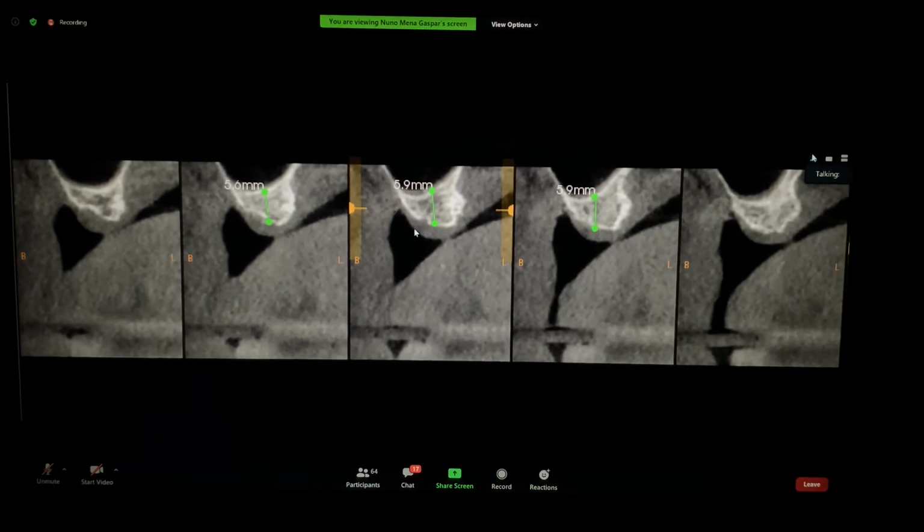Okay. So I have almost 6 millimeters of bone on the back, and I plan to place an 8.5 by 5 Anyridge implant.